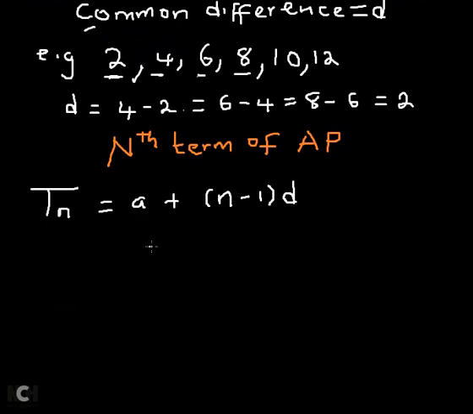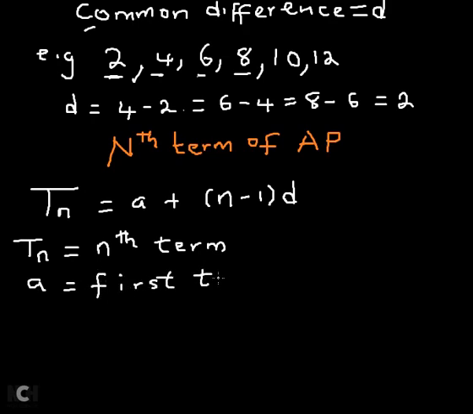Now let's confirm that this formula works. But before then, let's write down the parameters. The Tn is the nth term, the value of the nth term that you're looking for. The A represents the very first term of the AP.